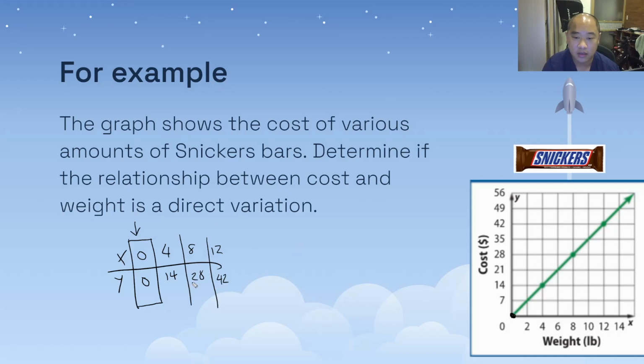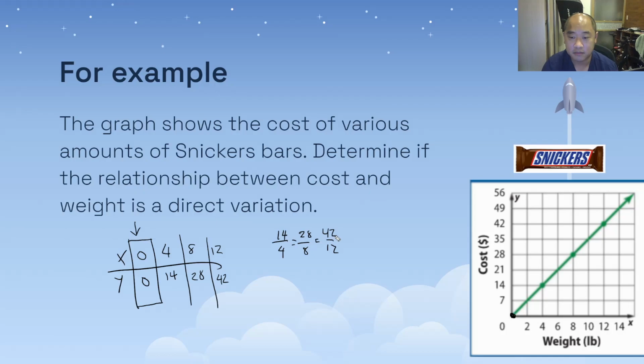So what is the relationship between cost and weight? Well, the relationship between cost and weight is 14 over 4, right? Y over x. And then we look at 28 over 8. And then we look at 42 over 12. And look, all of these are equivalent fractions, right?